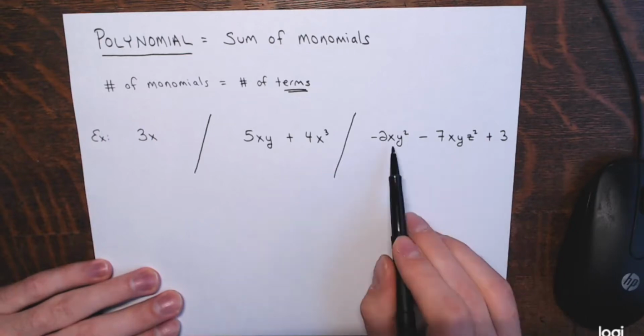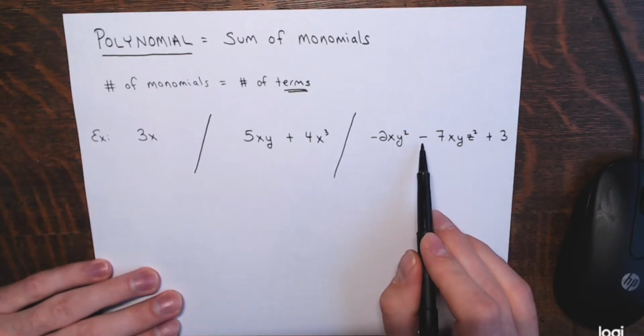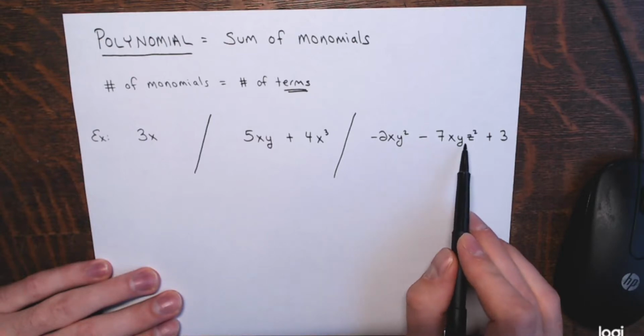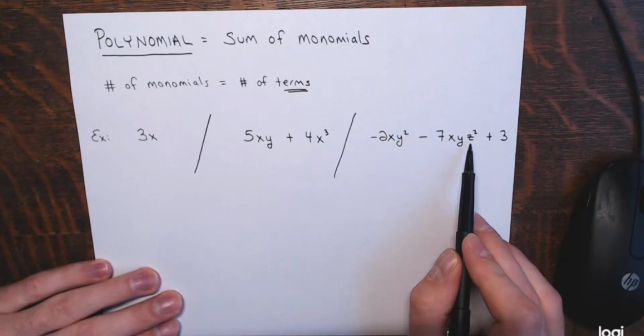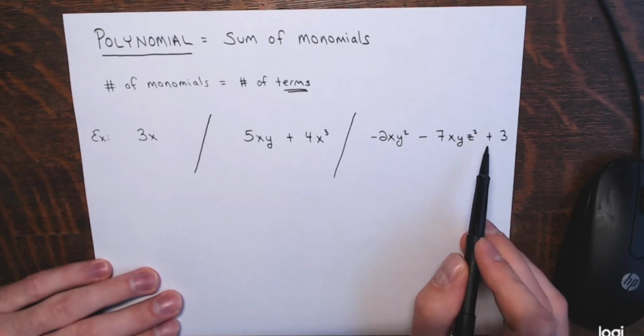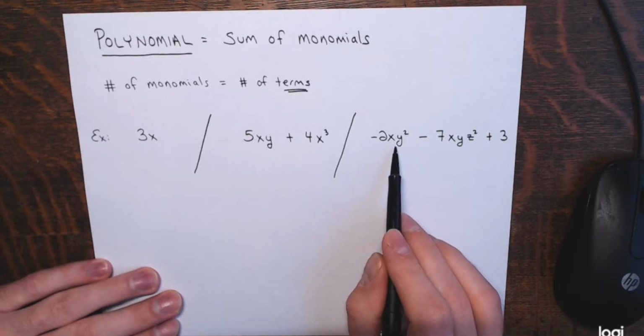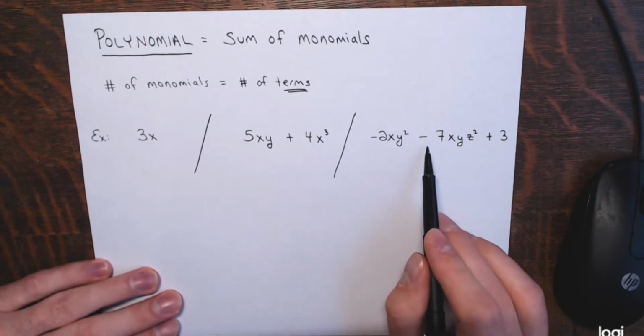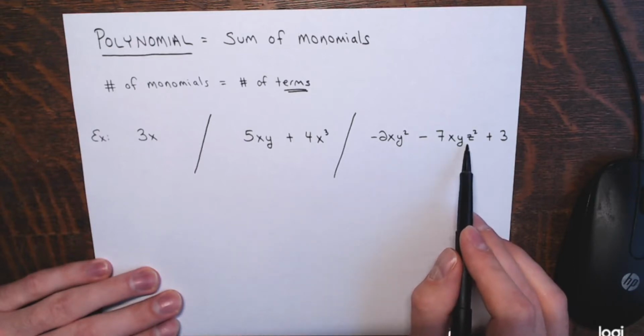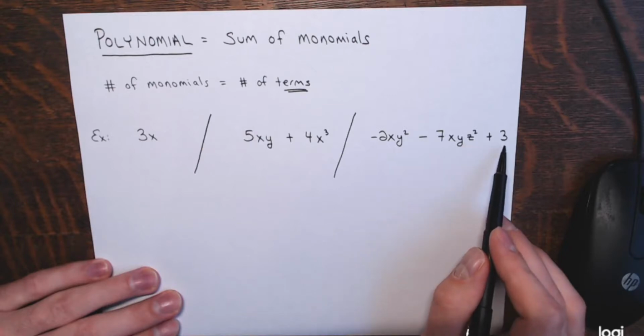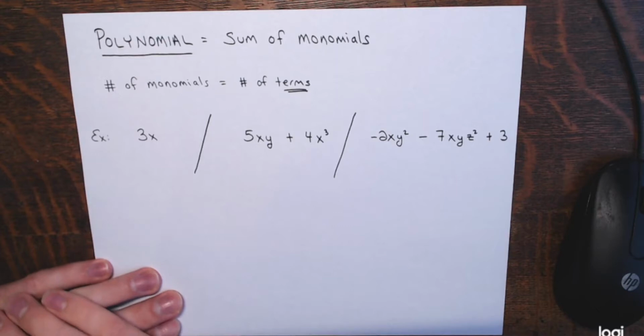Now technically minus is plus a minus, adding a negative. You could also write this as plus negative 7xyz squared and then plus 3. So you have monomial, negative 2xy squared, plus another monomial, negative 7xyz squared, plus another monomial, 3. These are all examples of polynomials.